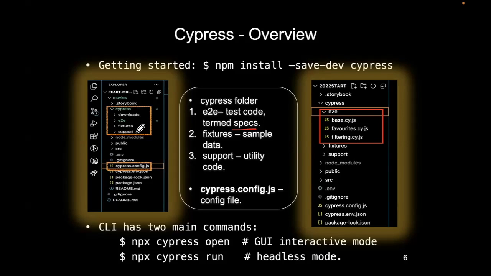If there was some piece of code that you were repeatedly using, you could put that into a utility function, put that function into the supports folder, and then reference it from your test specs. So as I said, really the only folder that we will be concerned with is this E2E folder. And so I've installed Cypress within my web app project, and then I run it.